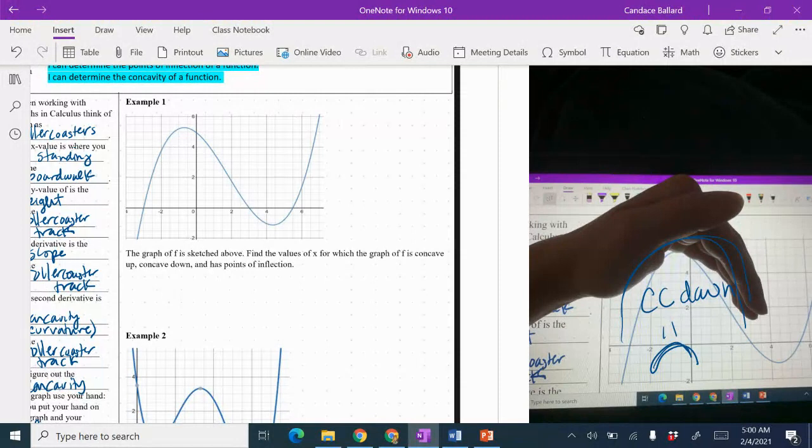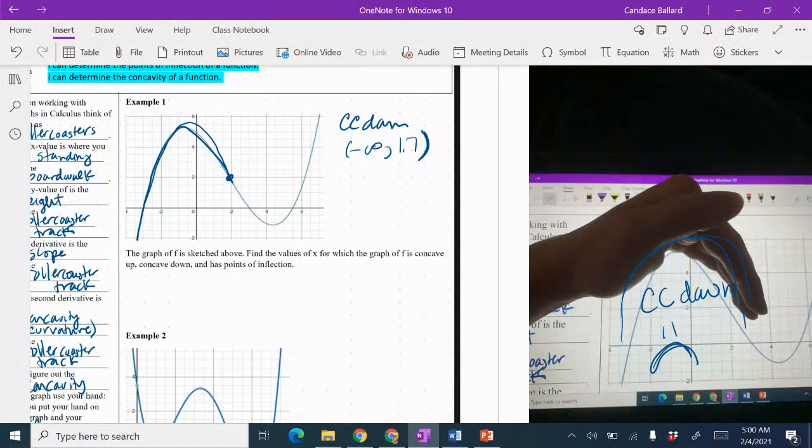If I am looking for concave down, I am looking for where my hand would be upside down. It looks like I'm looking in this area here approximately. So I would go from negative infinity, and then stop at about, not quite 2, about 1.7 maybe. With concavity, we always use open intervals.